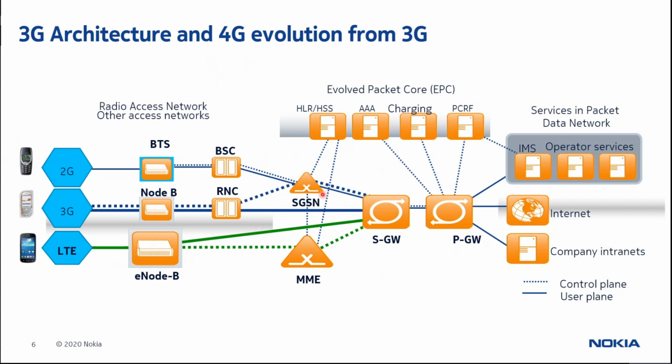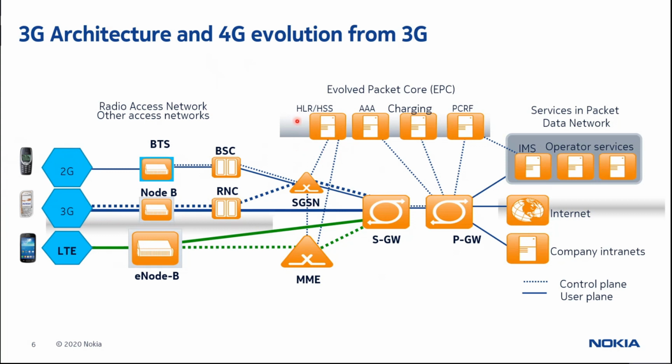So how does SGSN do that? SGSN fetches this information during the initial network attach for the mobile phone. Whenever a subscriber tries to access the network, SGSN fetches that information from HLR or HSS, as you would call them nowadays in the LTE network.